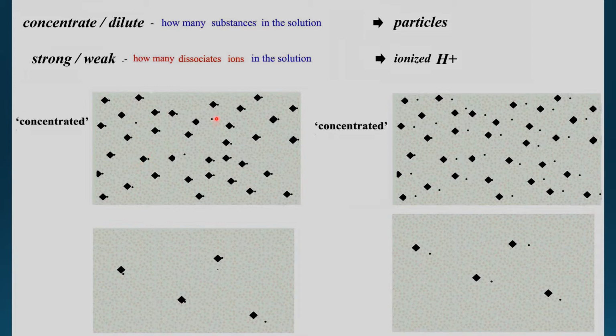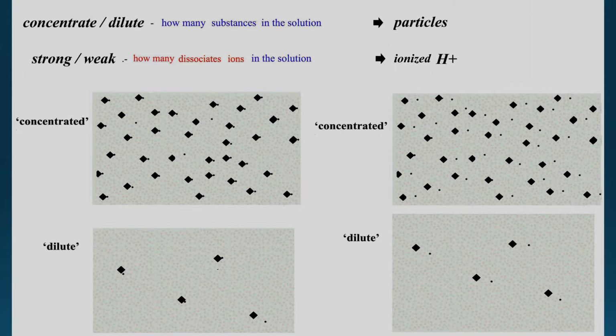I'm not talking about the H plus ion. So the top ones are concentrated in solution. How about the bottom ones? They are dilute in solution. So concentrated and dilute focus on the particles, the molecules.